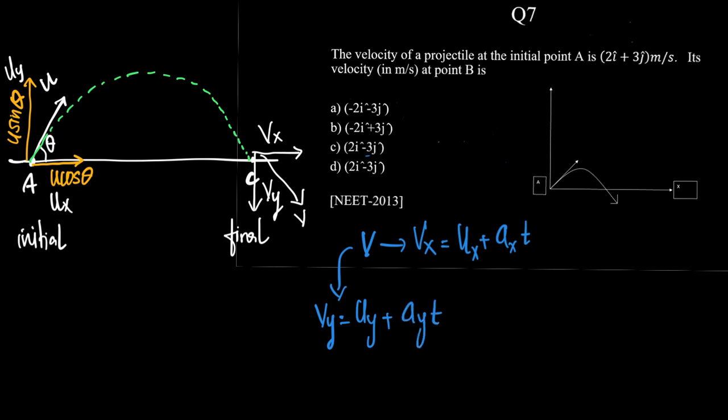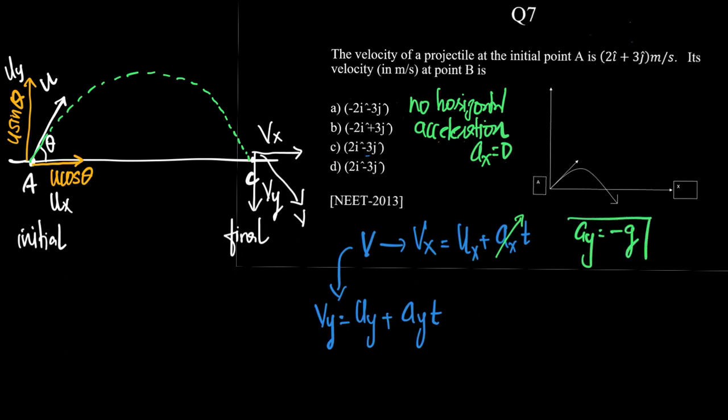Now we know that ax is equal to 0. Why? Because there is no horizontal acceleration, and we also know that ay is negative acceleration due to gravity. ay is minus g, which means vx is equal to ux.